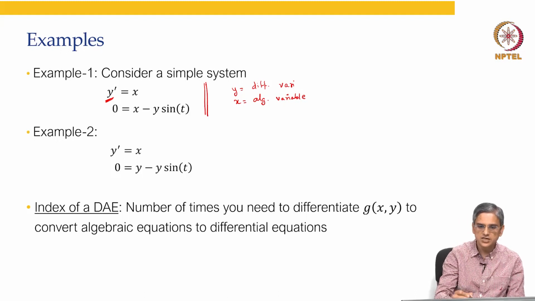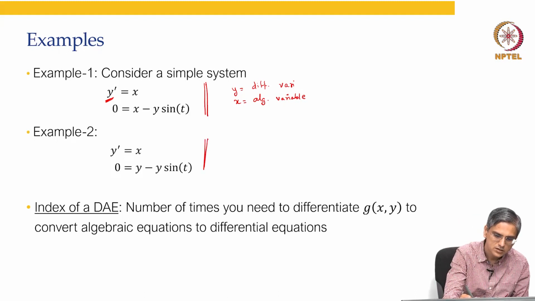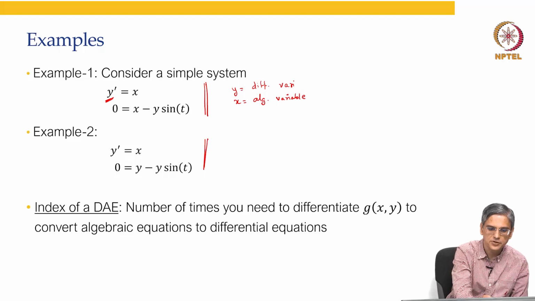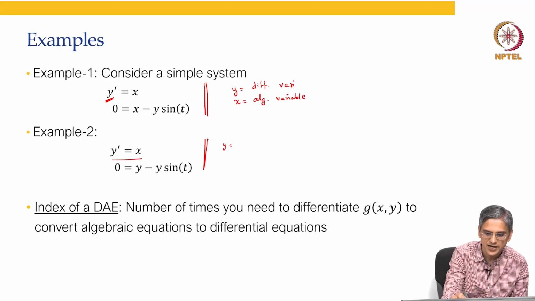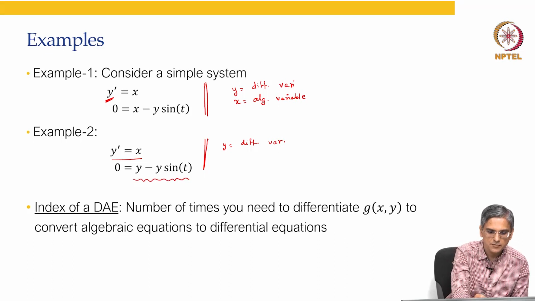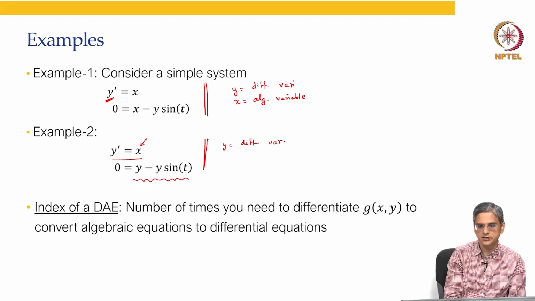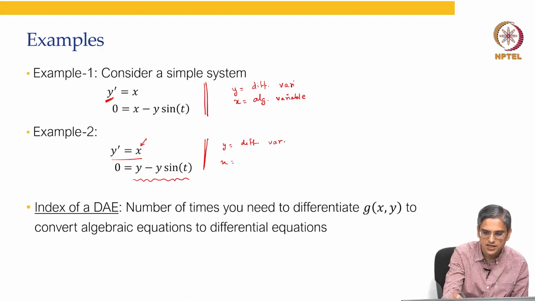This is another example. This is an example where y' equal to x, just as before, and as before y is a differential variable. And even though x does not appear over here, x does appear over here, so x is an algebraic variable.